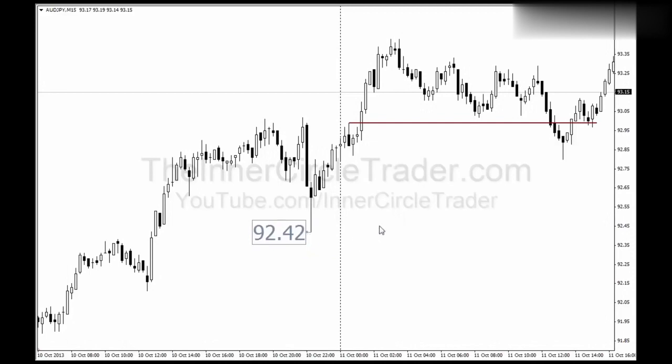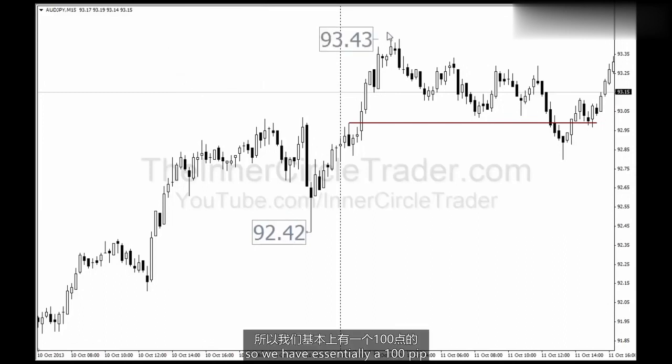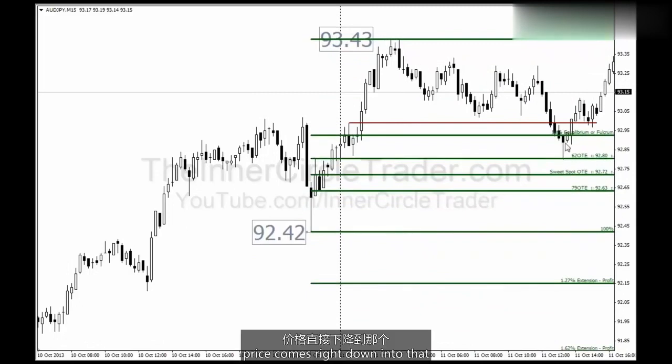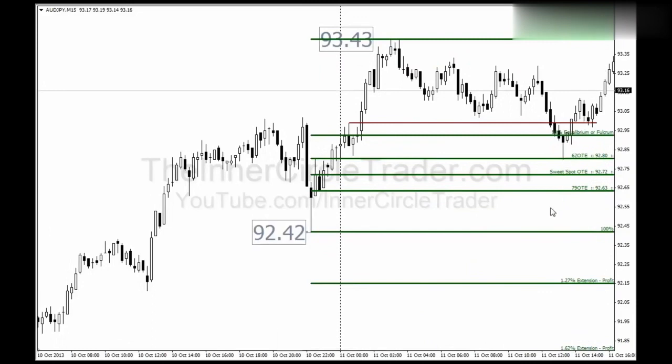Here's our low and our range high. We have essentially a 100 pip move between the 2 points. If we use the low to high, price comes right down into that 62% retracement level, and what does it do? Returns back higher.